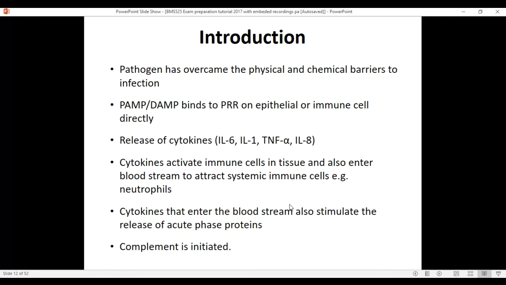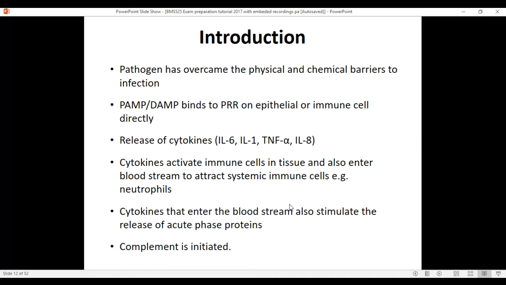And once these cytokines enter the blood, they'll do a whole range of things, but one of the things they'll do is cause the release of acute phase proteins from the liver. Okay, and these acute phase proteins are broad in nature. You have a whole range, like fibrinogen and CRP, but one of the important acute phase proteins that will be released is C3.